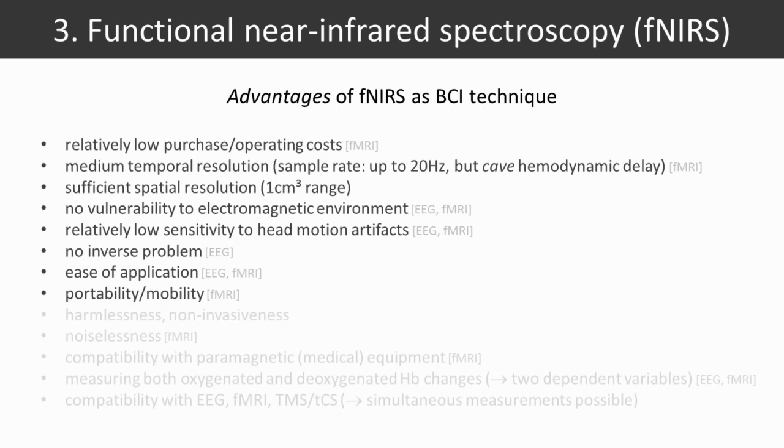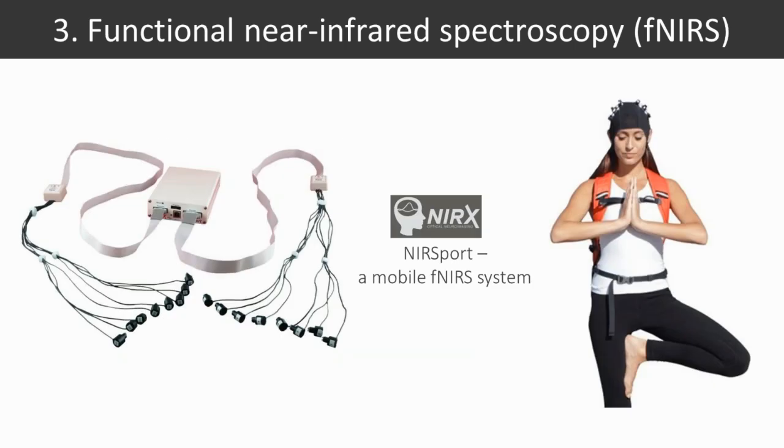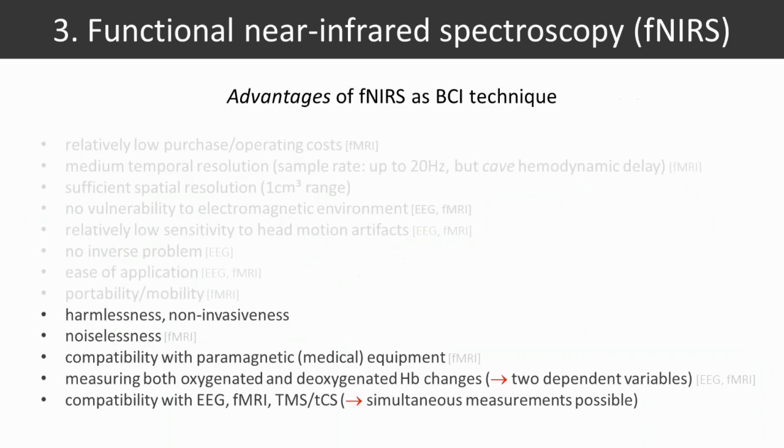The application is relatively easy, and also the mobility and the portability is a big plus. So for example here there's a system from NIRX, it's called the NIRS Sport system. Here literally you can put the equipment in the backpack, and then you can really do sporting activities, and by that you can measure brain activation. This is really very, very good.